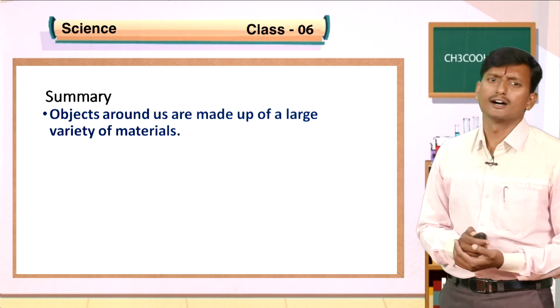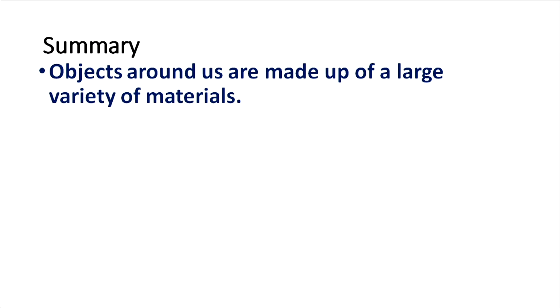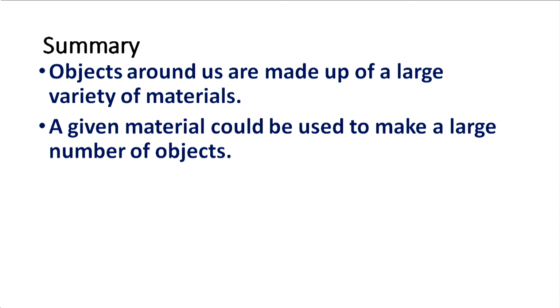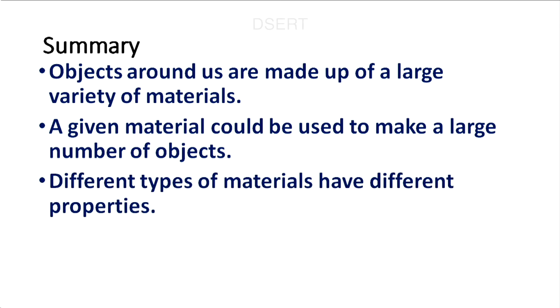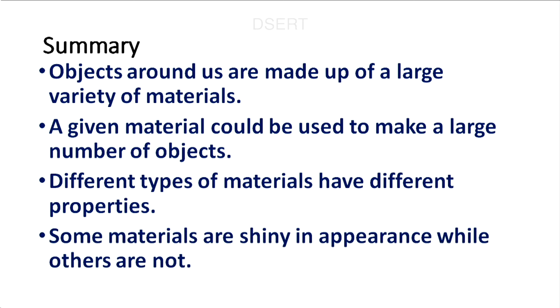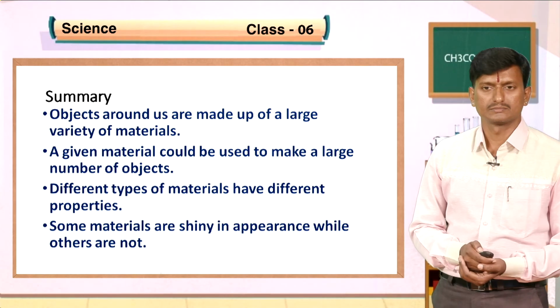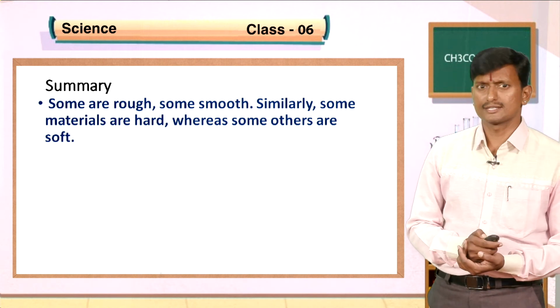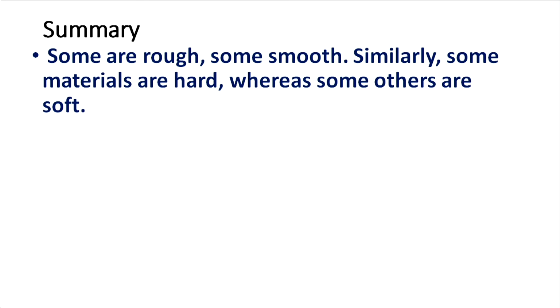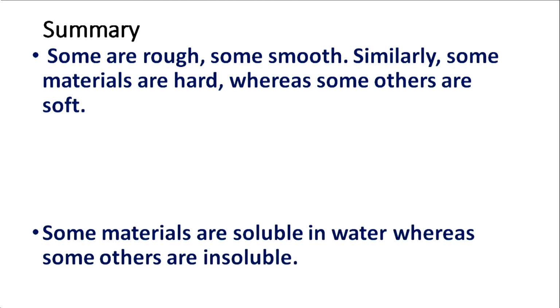Objects around us are made up of large varieties of materials. A given material could be used to make a large number of objects. Different types of materials have different properties. Some materials are shiny in appearance while others are not. Some are rough, some are smooth. Similarly, some materials are hard, whereas some others are soft.